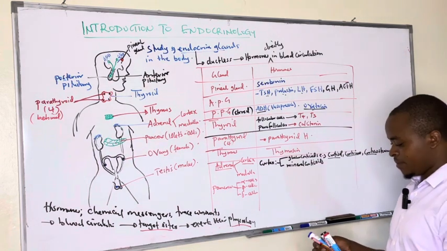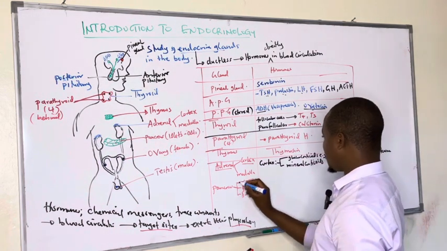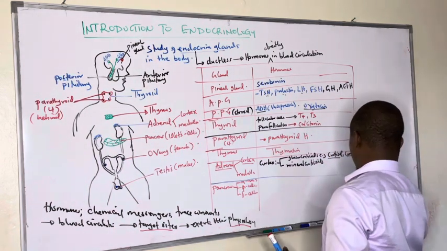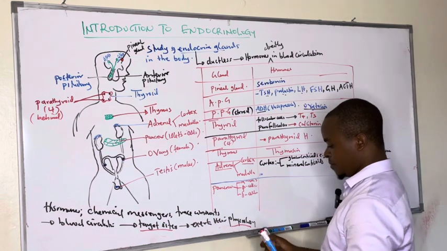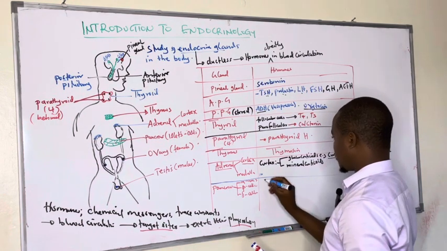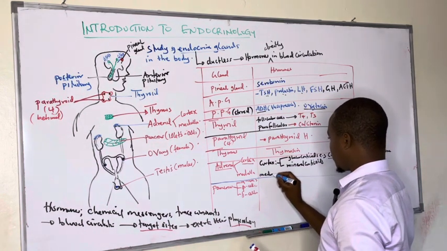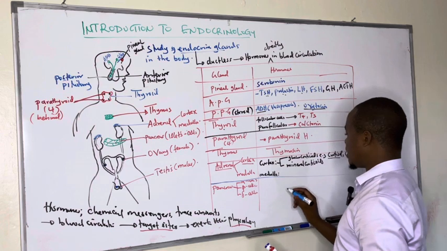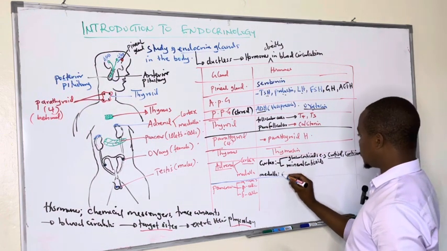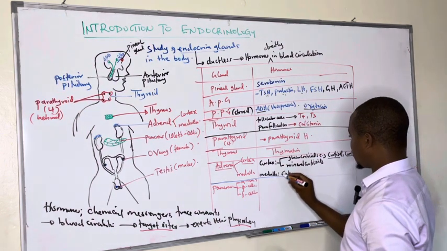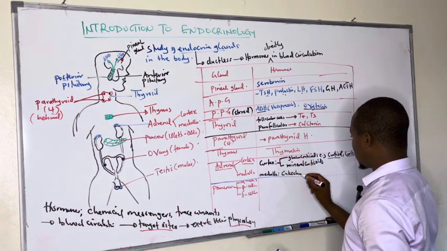Then the adrenal medulla releases catecholamines. It produces catecholamines.